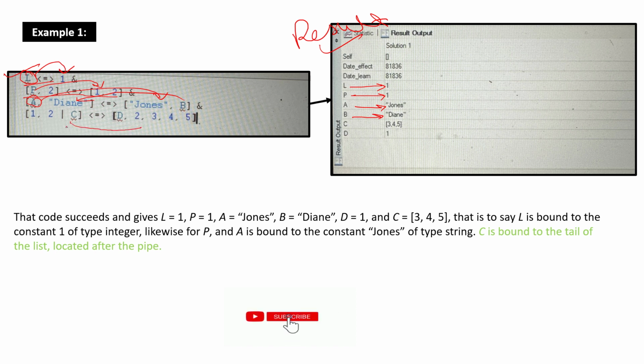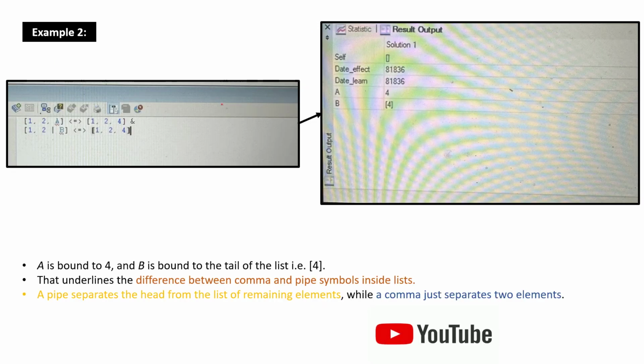You can see here we have the pipe, and after that we have the C. So it will be bound with the tail of the list, so this is the tail, like 3, 4, 5. And D is bound here with the 1 value. So the second example also executed successfully.